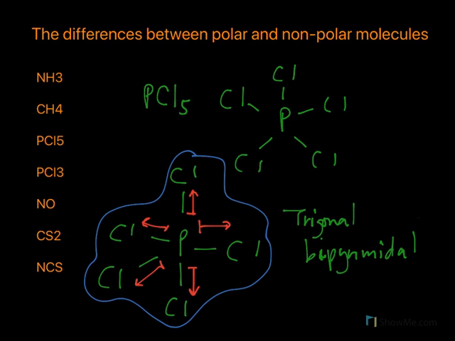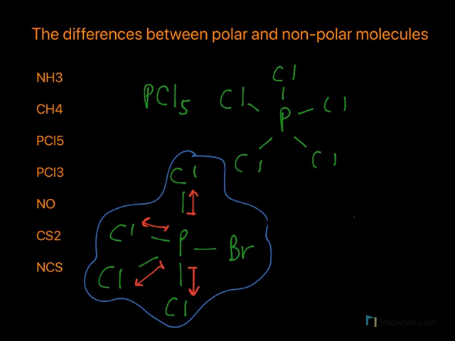And just to make it a little bit more clear, if I change one of the chlorines into, let's say, a bromine, which is less electronegative than chlorine, that means that its arrow is less. Okay? That makes it a non-symmetrical distribution around the molecule.